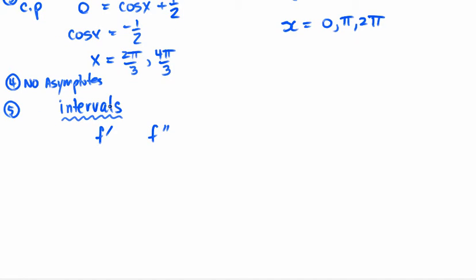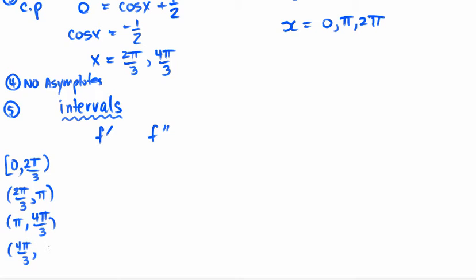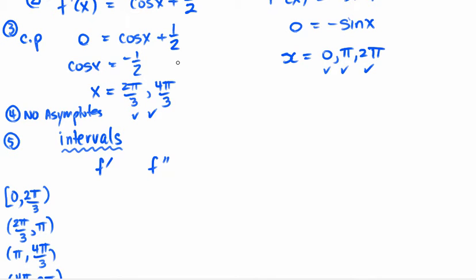So my first interval is from 0 to 2 pi over 3, and then the next interval is from 2 pi over 3 to pi, and then pi to 4 pi over 3, and from 4 pi over 3 to 2 pi.